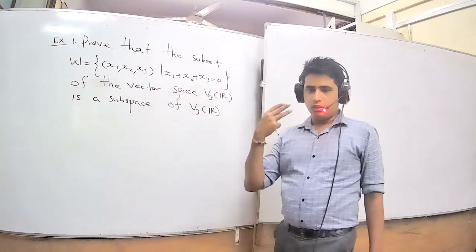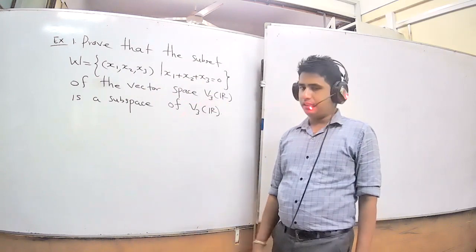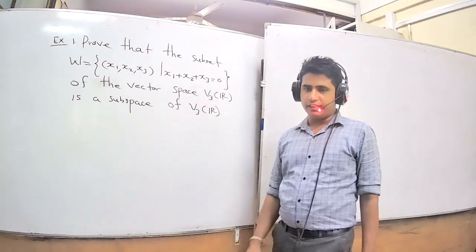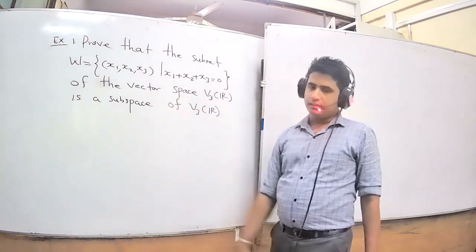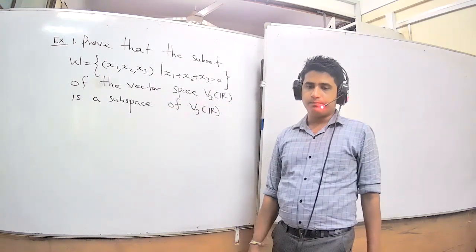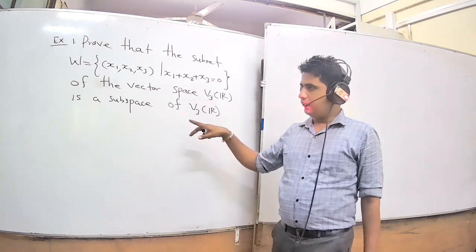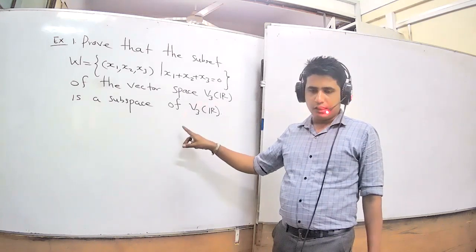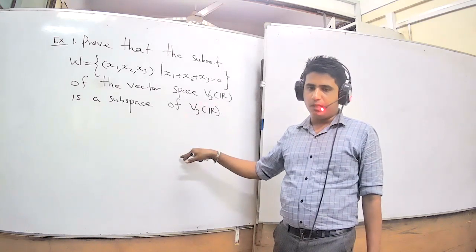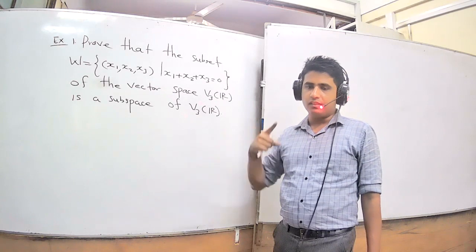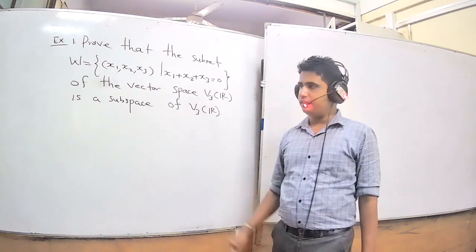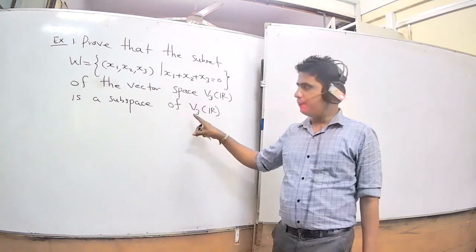Therefore, we want to check three conditions. For a vector space, you want to check the 10 conditions; here there are only three. The two conditions, addition and scalar multiplication, could be combined into one condition. From this example you will understand.